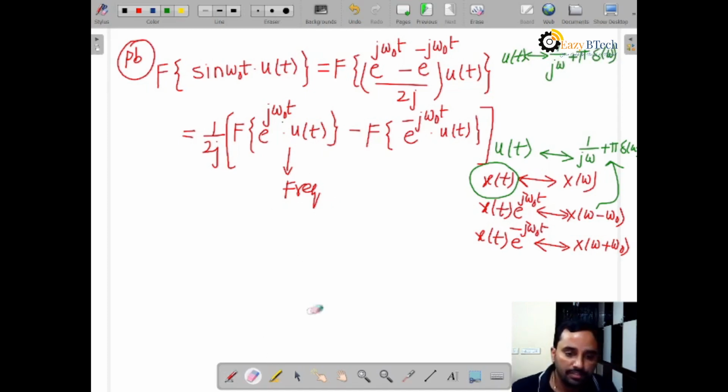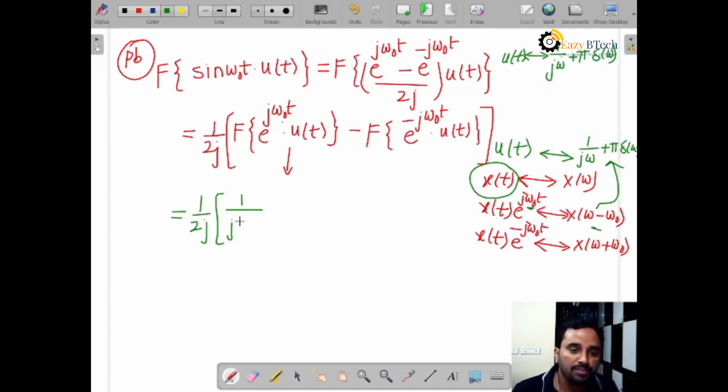Now the first one, e power j omega naught t into u of t. What will be the answer? 1 by 2j times, for the first one, 1 by j omega minus omega naught, right or not? Here omega minus omega naught. So 1 by j omega minus omega naught plus pi delta of omega minus omega naught. So this is the first one, minus the second one.